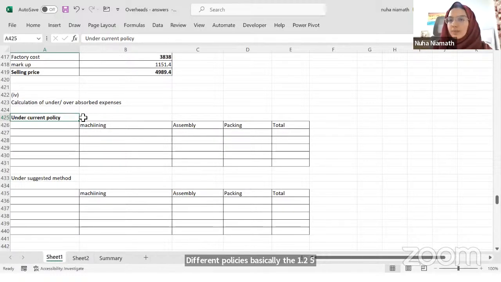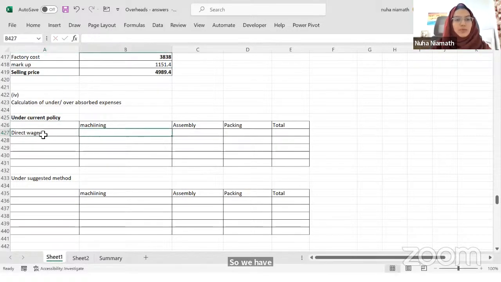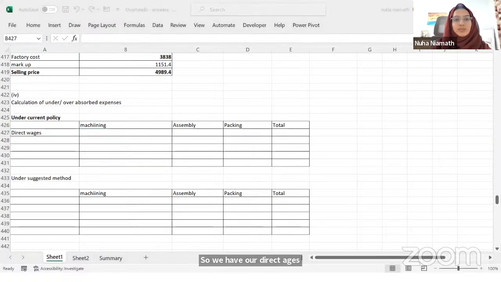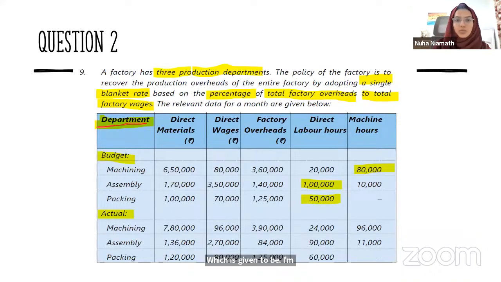Yes, Salma? Okay. So current policy is our 1.25 times. So we have our direct wages, I'm talking about the actual. Yeah.